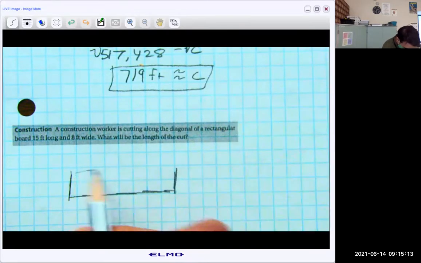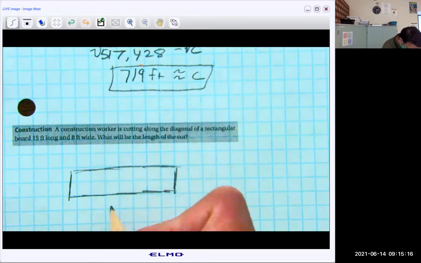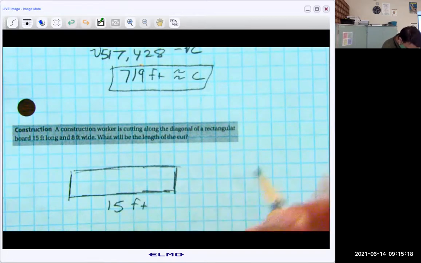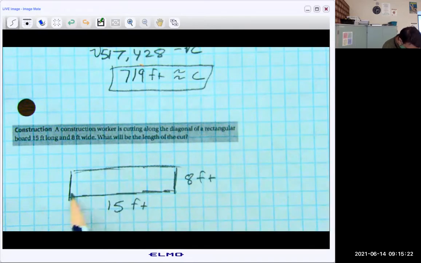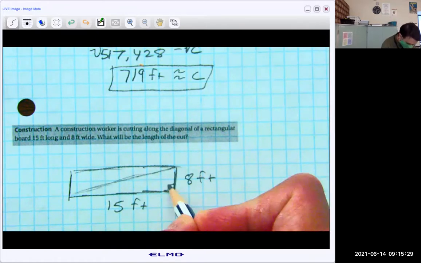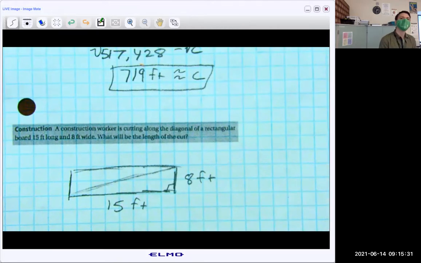Something like that. Here's our piece of wood. It's 15 feet long and 8 feet wide. What we want to know is if we do a cut here, how long is that cut going to be? So we have a 90-degree angle.